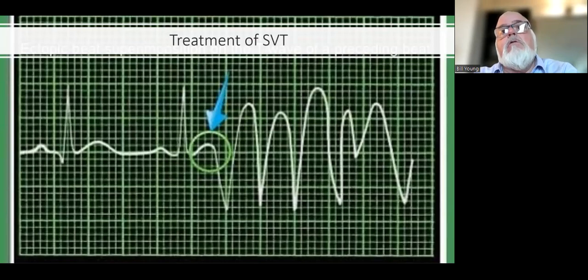And for your algorithms, I would encourage you to become best friends with your ACLS guide. So I want you to make sure that you're starting to memorize those algorithms, in particular, starting with this one on tachycardia. What is the dosage that we would want to use for synchronized cardioversion of our adult patient?